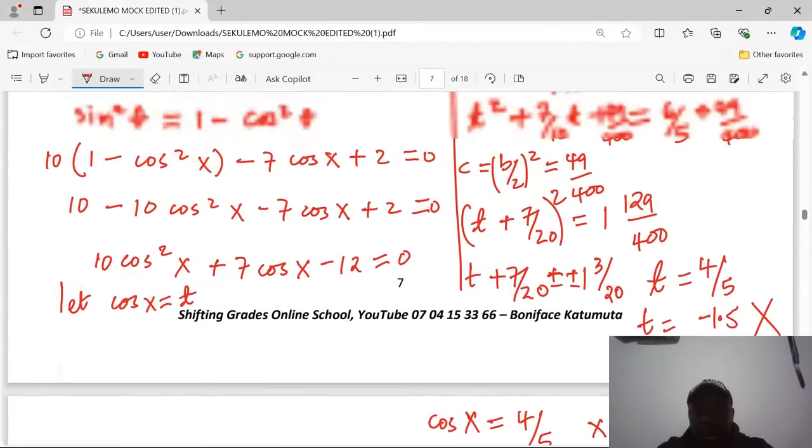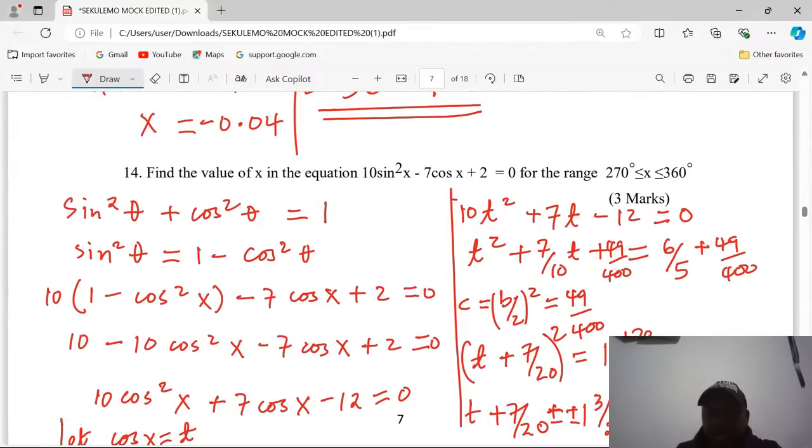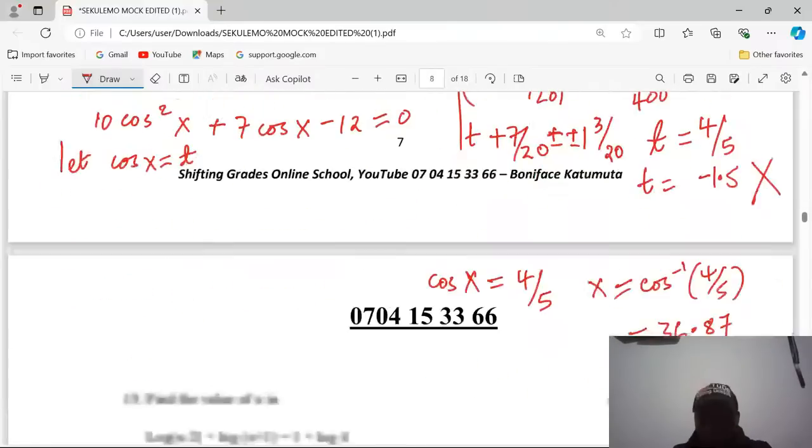Remember what we have been instructed, that we need such a value within the range 270 and 360. Therefore, actually that range is simply the fourth quadrant.